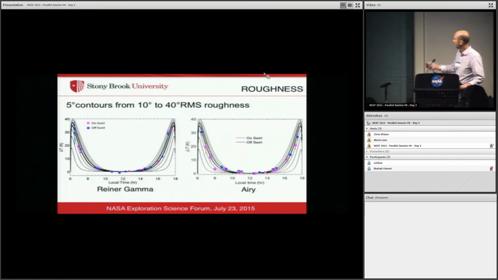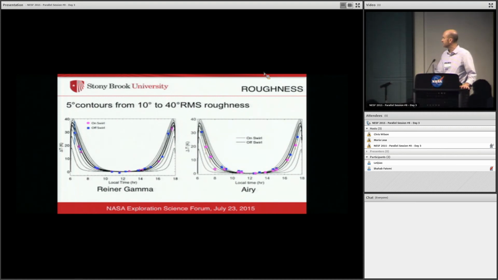And these lines here are contours every 5 degrees, from 10 degrees surface roughness all the way to 40 degree surface roughness. And in bold here, I have 25 degree and 40 degree surface roughness. On each plot, you're seeing measurements from on the swirl and off the swirl, in this case Reiner Gamma, and in this case Airy.